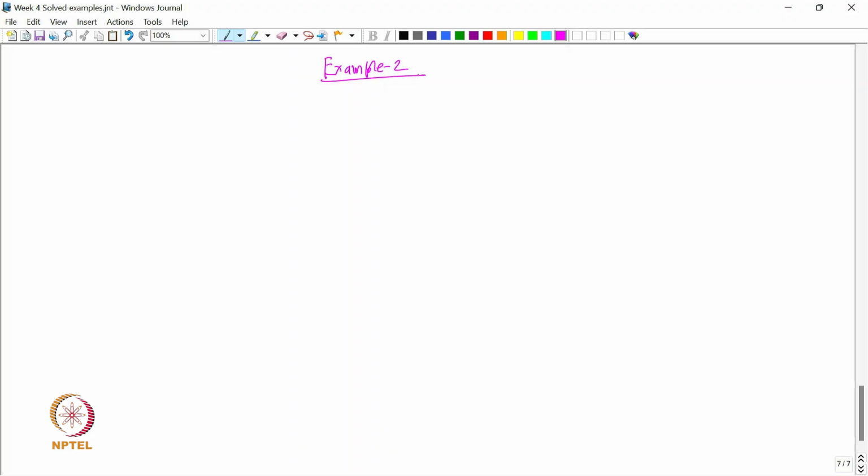Example 2. So, let me write the question first. Question: a signal with a frequency range of 0 to 1600 hertz is to be measured.